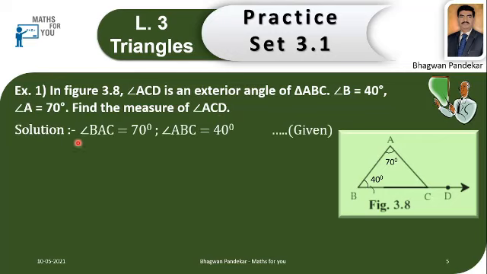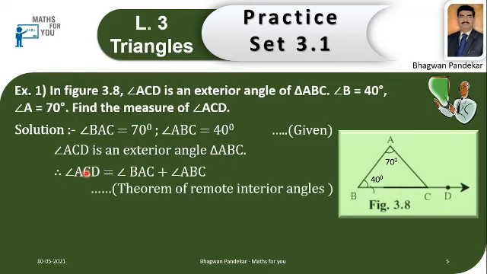Solution. Angle BAC is equal to 70 degrees. Angle ABC is equal to 40 degrees. Given information. Therefore, angle ACD is an exterior angle of triangle ABC. Therefore, angle ACD is equal to angle BAC plus angle ABC.